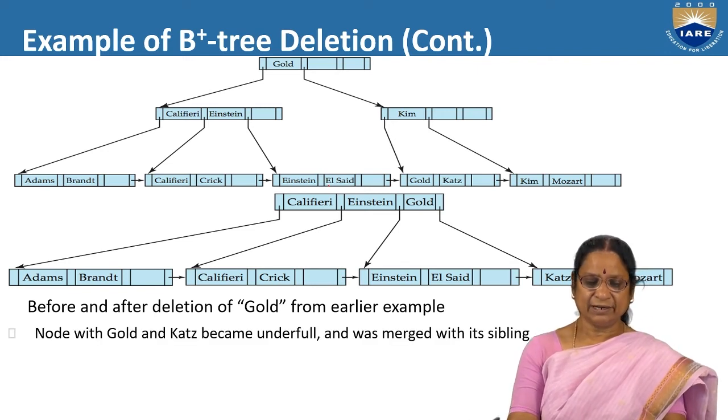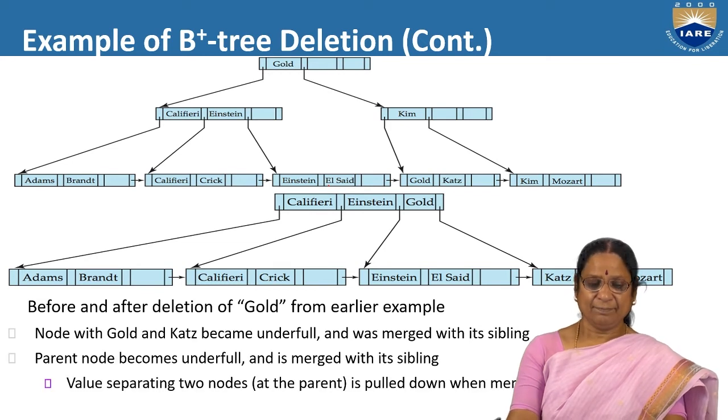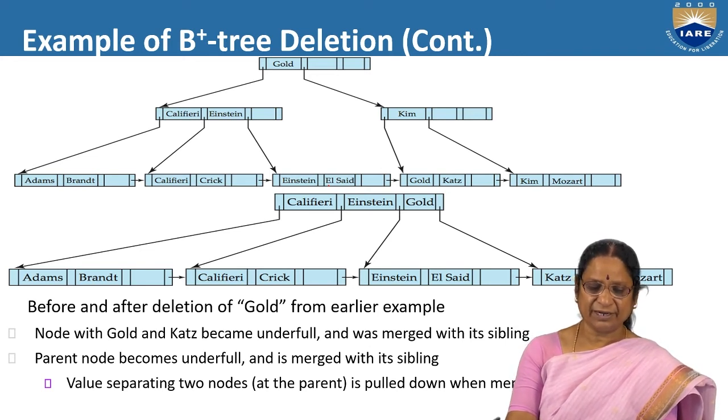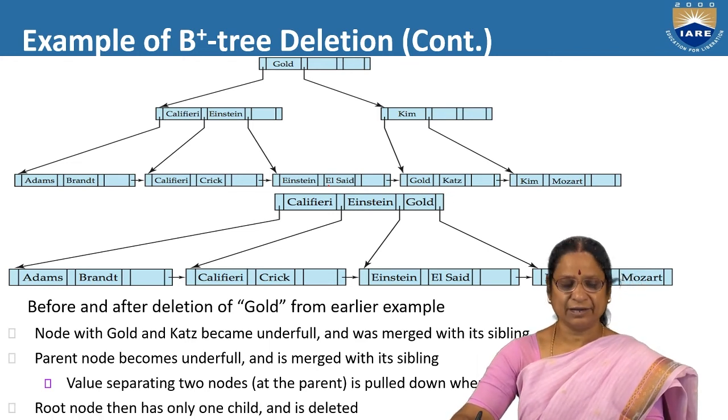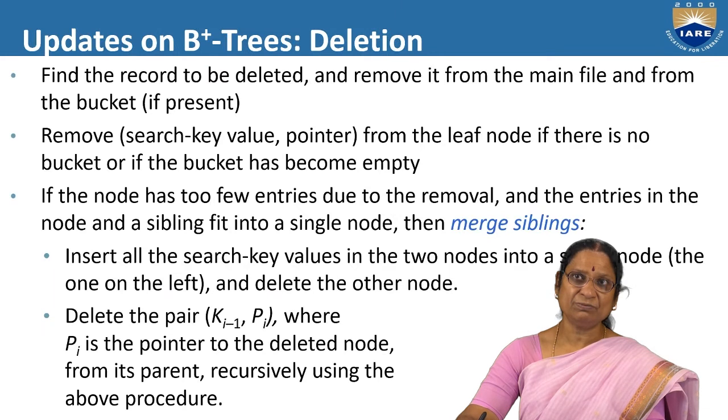The node with Gold and Kim becomes underfull and is merged with its sibling. The parent node becomes underfull and is merged with its sibling, and so on. The value separating two nodes is pulled down when the merging process is carried out. The root node then has only one child, so it is deleted, because the root should have a minimum of 2 children, no?